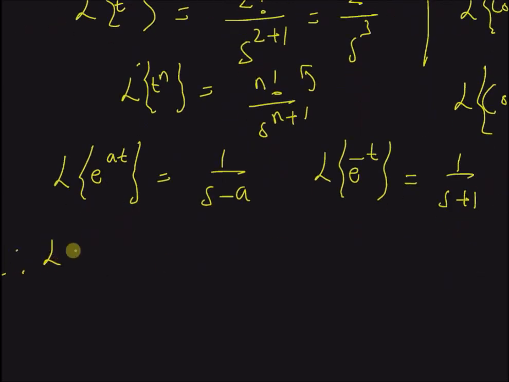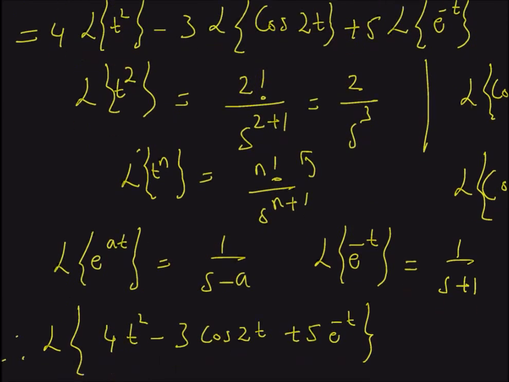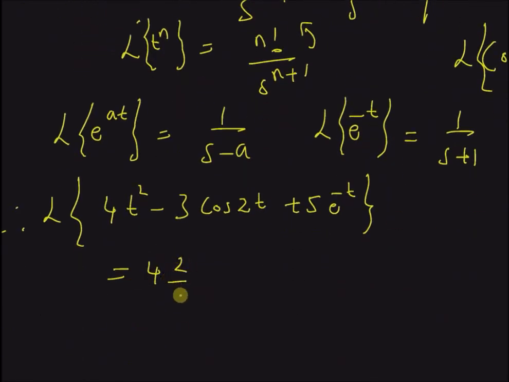Therefore, the Laplace transform of the linear combination 4 into t square minus 3 into cos of 2t plus 5 into e power minus t is equal to 4 times the Laplace transform of t square, which is 2 by s power 3, that is s cube, minus 3 into Laplace transform of cos 2t, which is s by s square plus 4, plus 5 times Laplace transform of e power minus t, which is 1 by s plus 1.